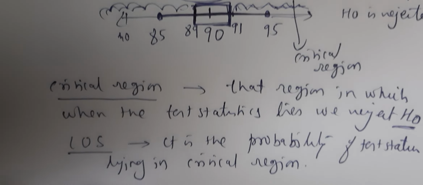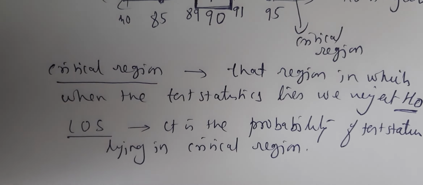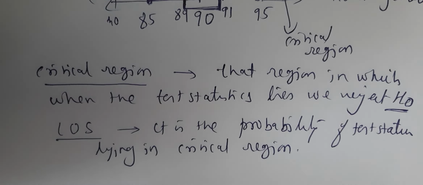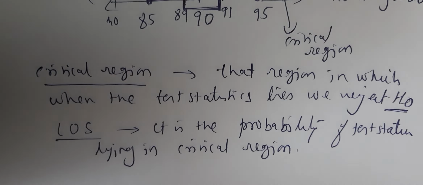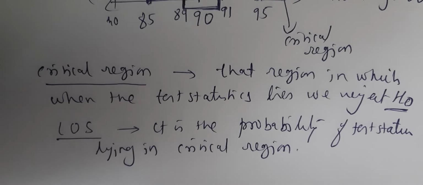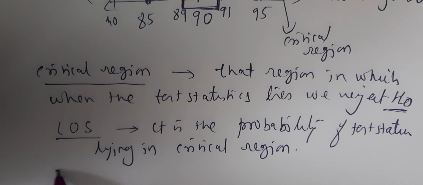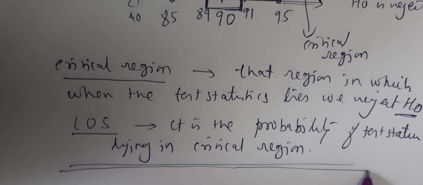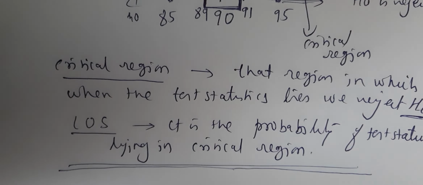So right now just remember these two things. The critical region means the region in which, when the test statistic lies, we are going to reject the hypothesis. And LOS, the level of significance, is the probability that the variable lies in the critical region. Understand these two things, and the actual mathematical meaning I will tell you in the next video.